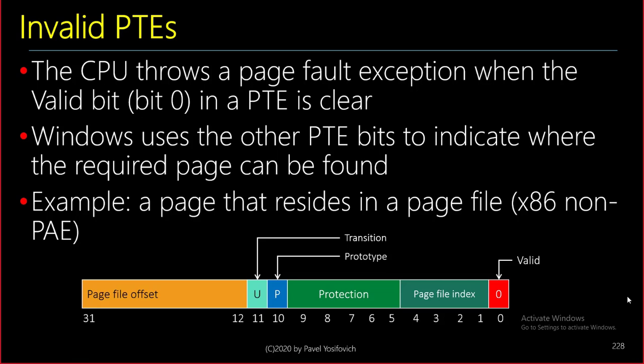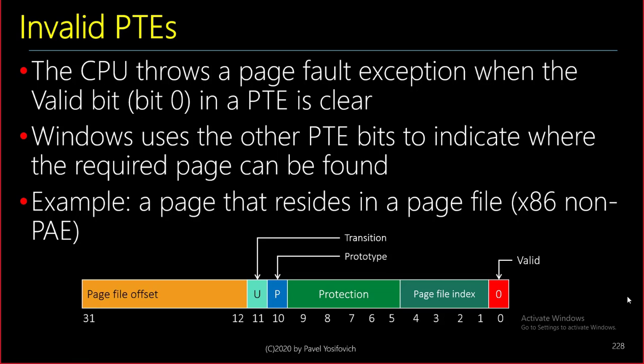That could work, but it's very wasteful, and we don't really need it because we can store the offset to the page file right then and there, where normally the offset to the physical page is stored. We can store that as a memory manager inside the same PTE. And so once the process accesses that memory, we get an exception. The memory manager can say, here's the location where the page is in the page file, and just get it from there. And so it's easy to just reuse these bits in any way the memory manager sees fit.